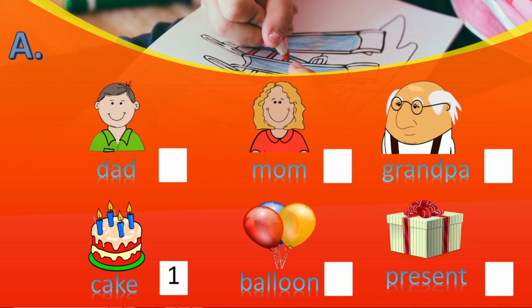Number 3. Present. It's a present. Number 4. Balloon. It's a balloon. Number 5. Mom. She's my mom. Number 6. Grandpa. He's my grandpa.